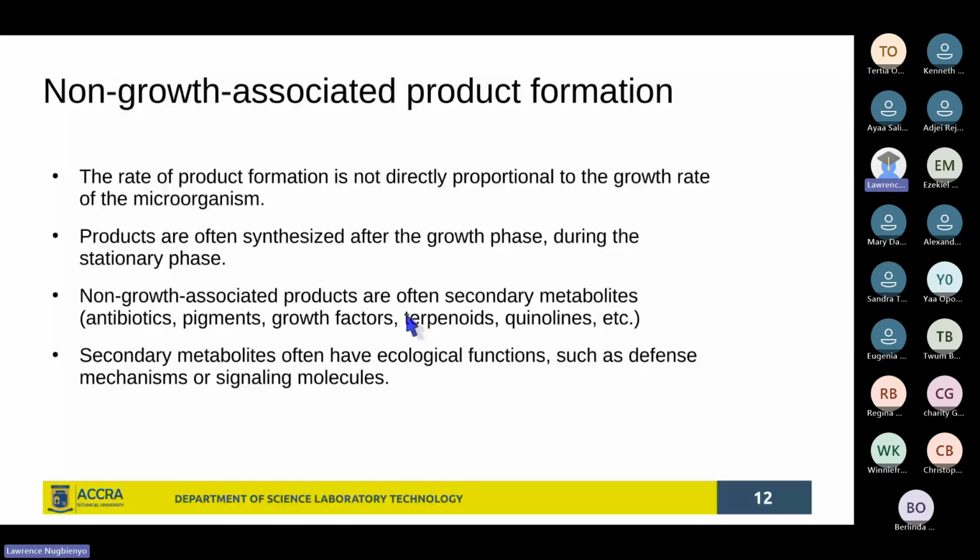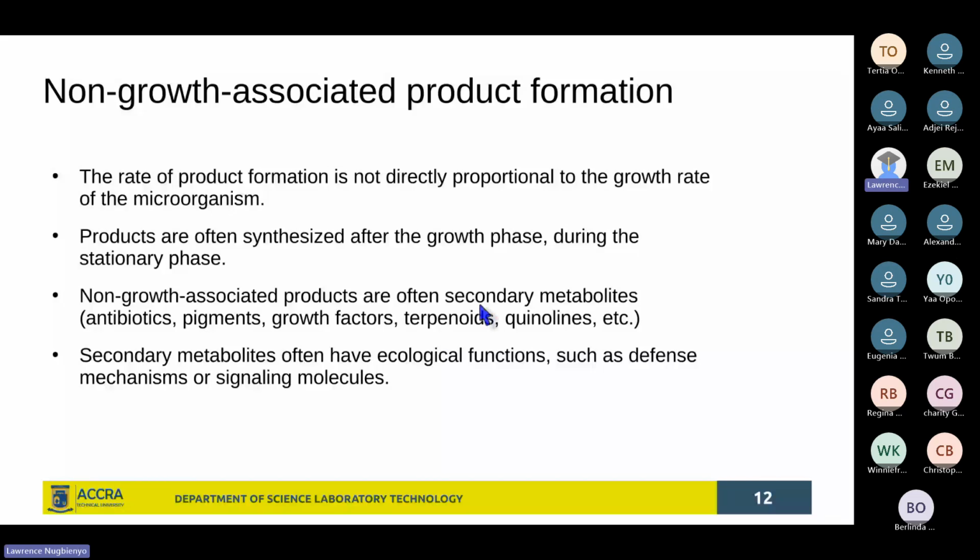Some of it, if it's plant cells and things like that, they produce some glycosides. These are like complexes of some monosaccharides, with some modifications to them, with some phenolic compounds. Oxidation of these can form some of these quinolines. Some growth factors, pigments. You have these things being secondary metabolites of microbes, which are being used in bioreactors, and these are non-growth associated products.